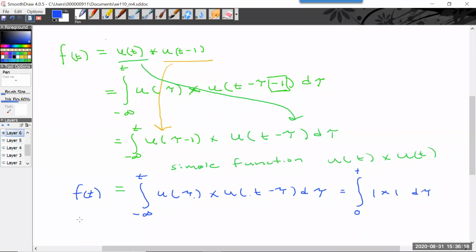Which then gives us tau evaluated at, which is now t, because of those original step functions we put back, and then we can write r(t).